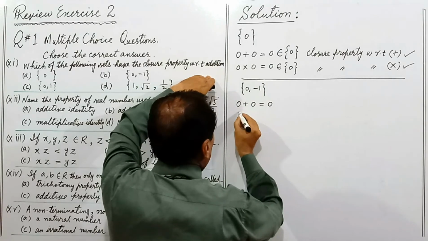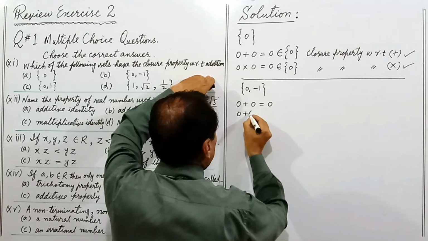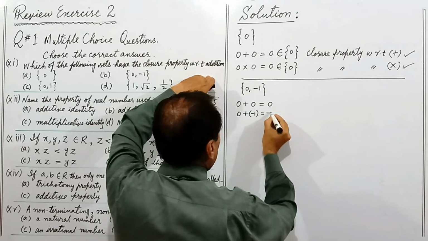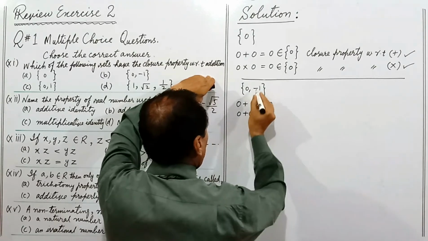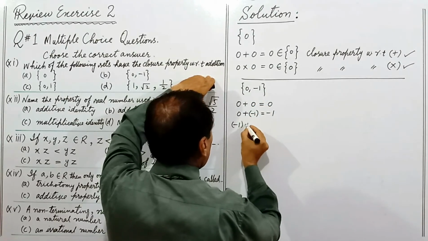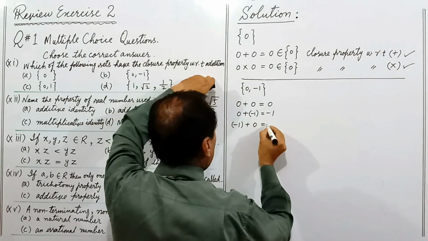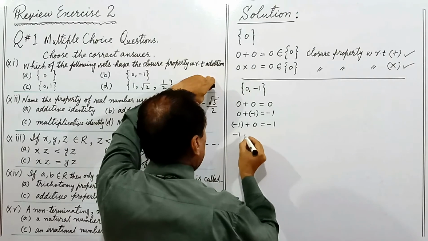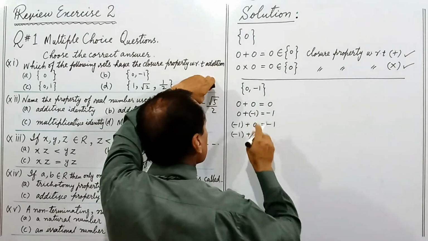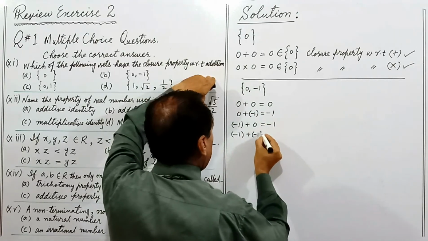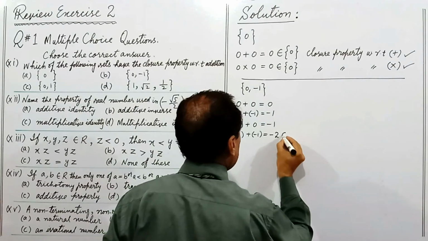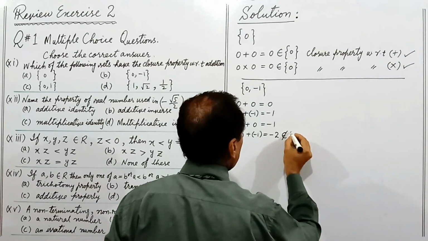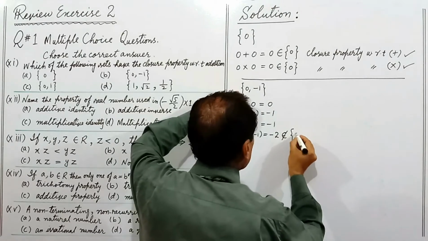We add 0 to the second number, minus 1, we get minus 1. We add the second number to the first number, we get again minus 1. We add minus 1 to itself, so we get minus 2, that does not belong to the given set.